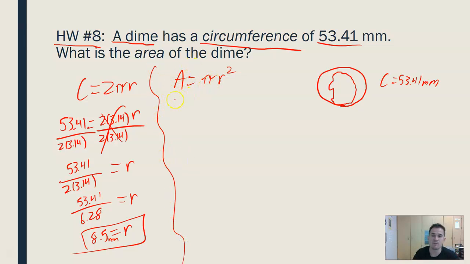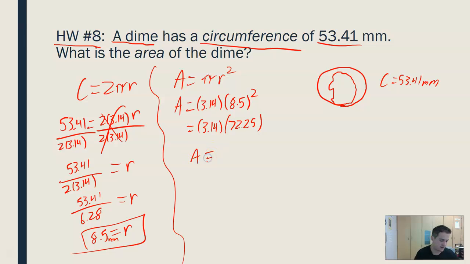The area is equal to pi r squared. So the area of this dime is equal to 3.14 times the radius squared, or 8.5 squared. 8.5 squared is 72.25. So the area of my dime is 3.14 times 72.25, which is 226.87 millimeters squared.